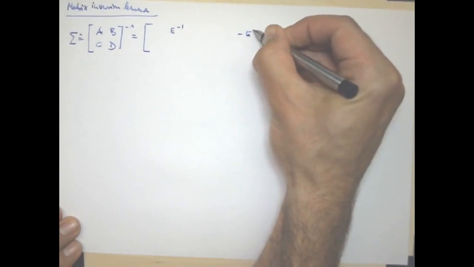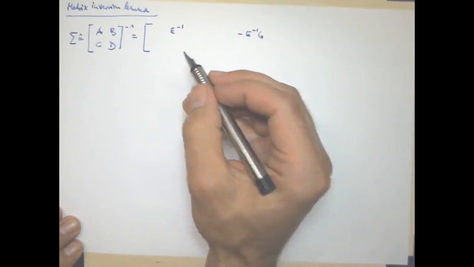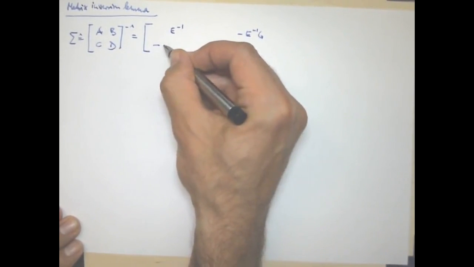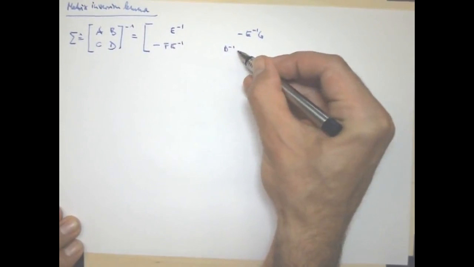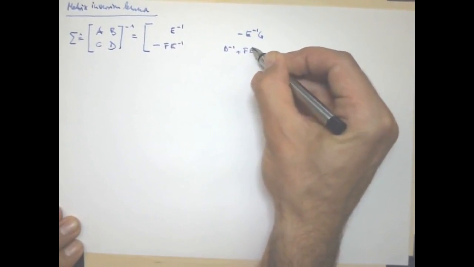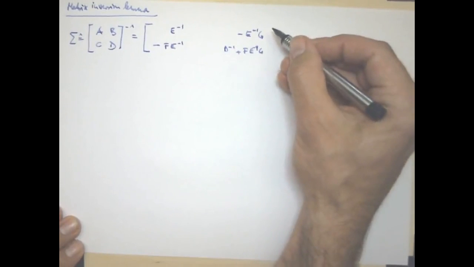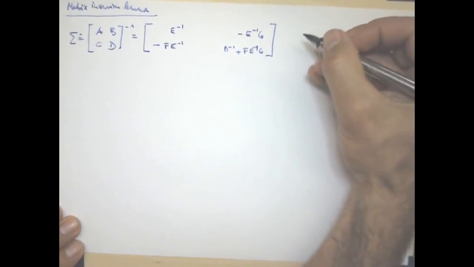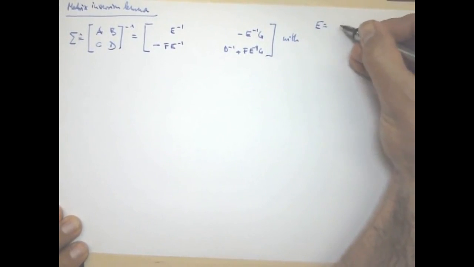And I will say in a moment what D, E, F, G are in the first place. With the following: E is A minus BD to the minus 1 C.